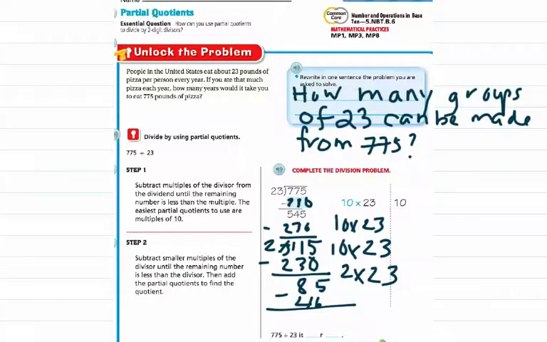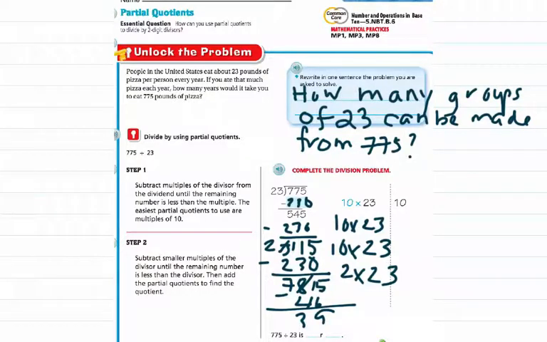5 minus 6 we cannot do, so we're going to have to borrow from the 10 and regroup. 15 minus 6 is 9, and 7 minus 4 is 3.